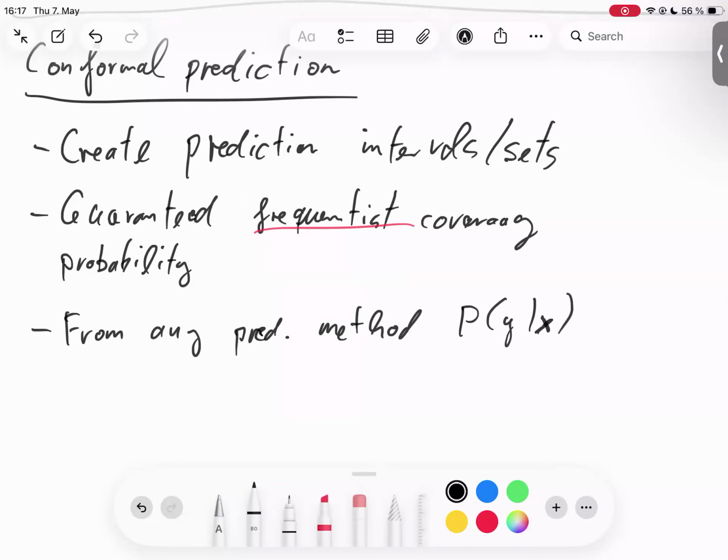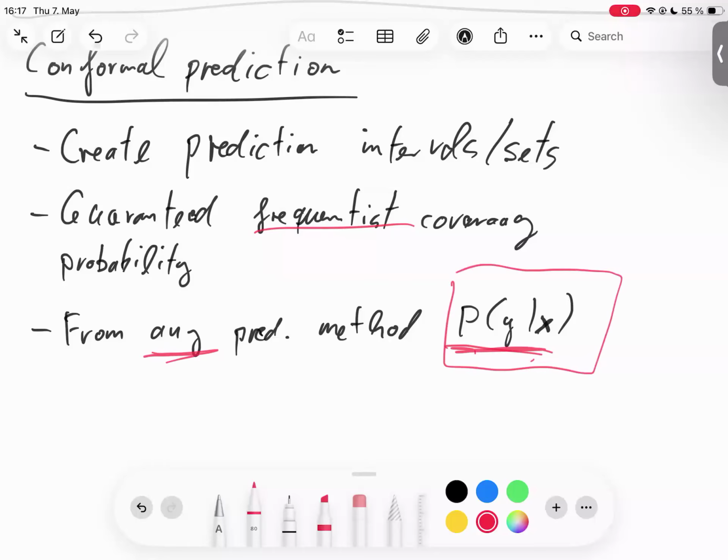And actually, a lot of predictive methods do exactly this, that we use in machine learning, that we want to infer a probability of a label given the input data. And this conformal prediction approach will give us these prediction intervals or sets with guaranteed frequentist coverage probability from any predictive method that works this way. There are other predictive methods that don't work this way, but many do.